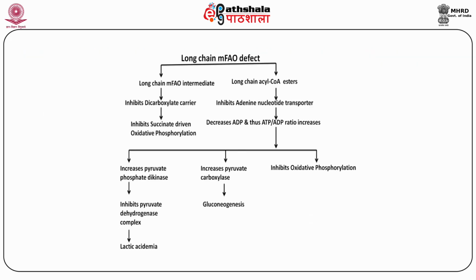The long-chain mitochondrial fatty acid oxidation defect, as shown in this diagrammatic representation, can be broadly classified into two: long-chain mitochondrial fatty acid oxidation intermediates and long-chain acyl coenzyme A esters. The long-chain mitochondrial fatty acid oxidation intermediate inhibits the dicarboxylate carrier, whereas the long-chain acyl-CoA esters inhibit the adenine nucleotide transporter.